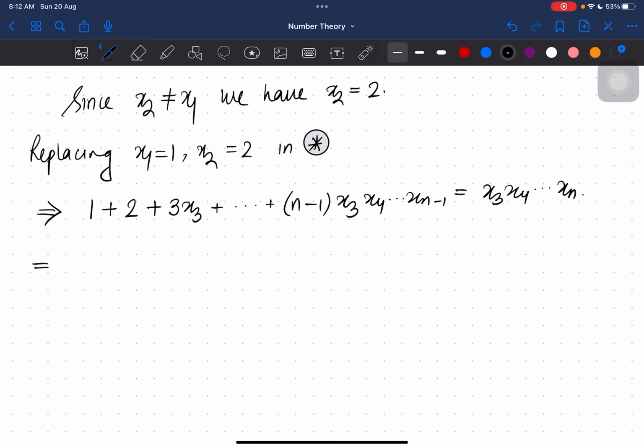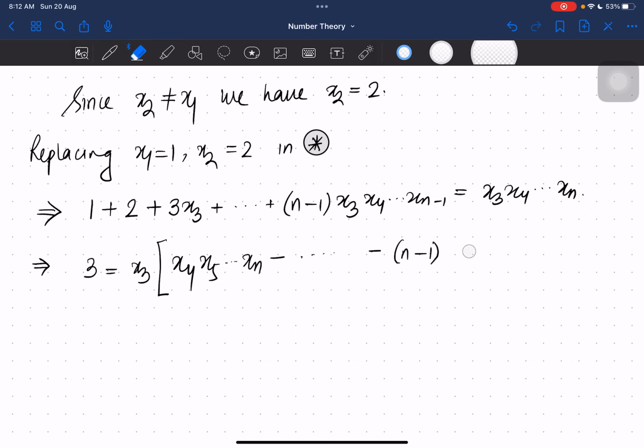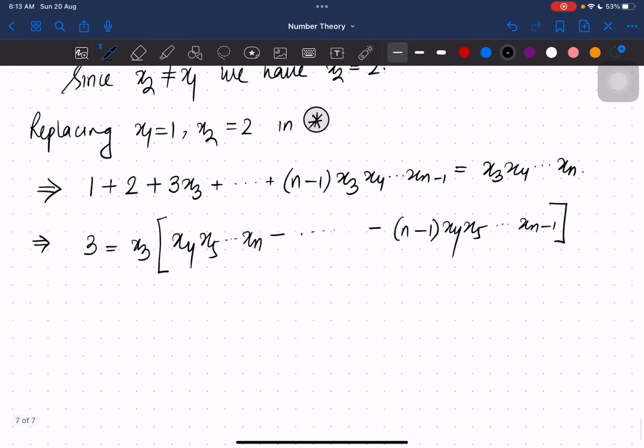So now same idea, so you can take 3 and send everything to the other side and take x3 common. Right, so same argument, we can continue like this. So continuing this process, we get x3 is 3 and similarly we can go on.